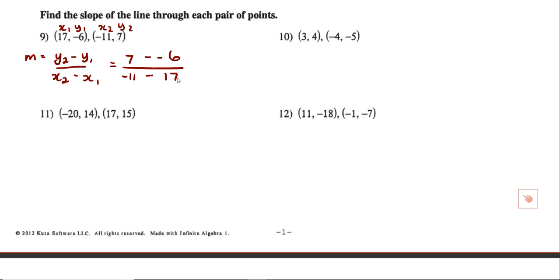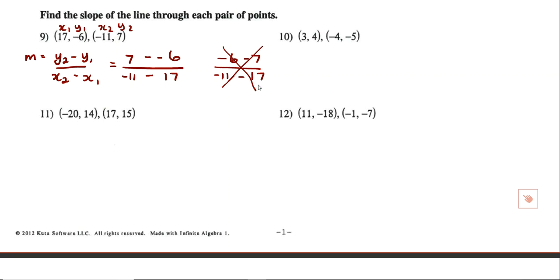Now, just one point here. It doesn't actually matter which way round you do the x1 and x2, as long as you're consistent. So if you call this one x1, this one has to be y1. If you call this one x2, this one has to be y2. So I could flip this around if I like. Negative 6 subtract 7. But I can't then leave this one the same. So I can't do that.